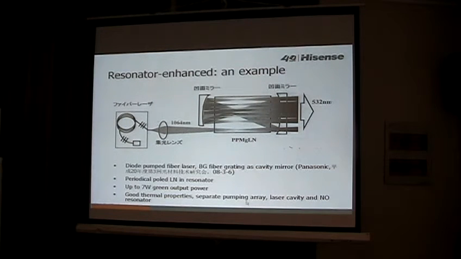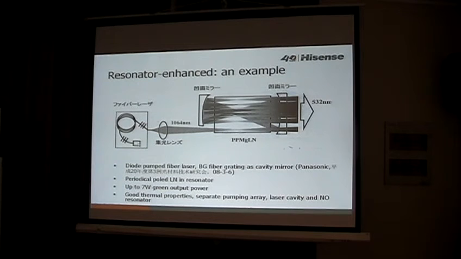Why did they choose the fiber laser instead of a solid laser? One reason is probably because for this setup, from a thermal point of view, the nonlinear optics is in one place and the gain medium is in another. And also, definitely we need a semiconductor laser to pump these fiber lasers.